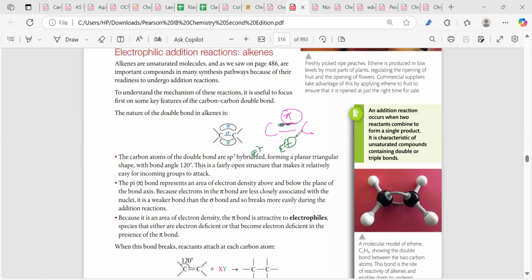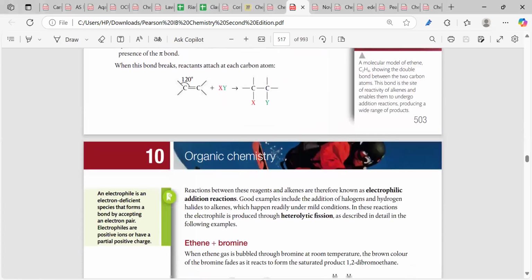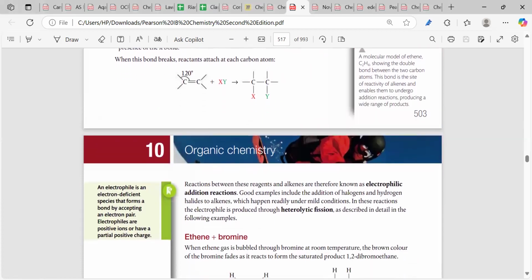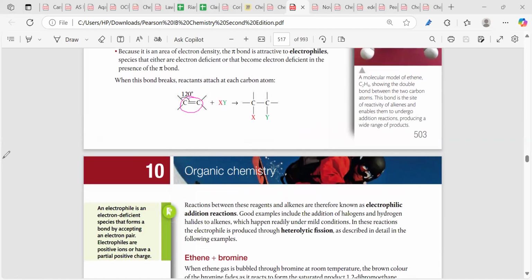And it will be attacking the loosely held electron cloud over here, right? And thus what we see is that an addition reaction occurs. In our SL part we already did this: whenever we see a pi bond, it will be attacked by X, Y, like this. Let me draw it quickly.